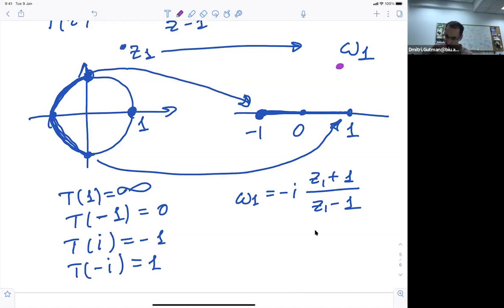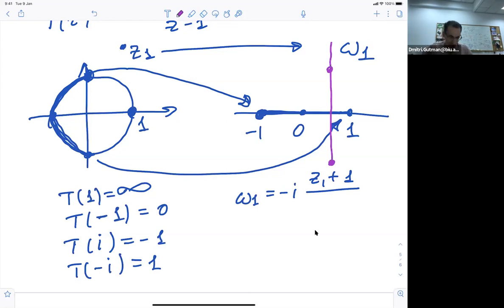And now if you want to make a reflection with respect to a straight line, which is the real axis, it's pretty straightforward. What is the reflection with respect to the real axis? Of course, I can draw a line, measure the same distance, and draw a point, which will be a reflection of W1 with respect to the real axis.